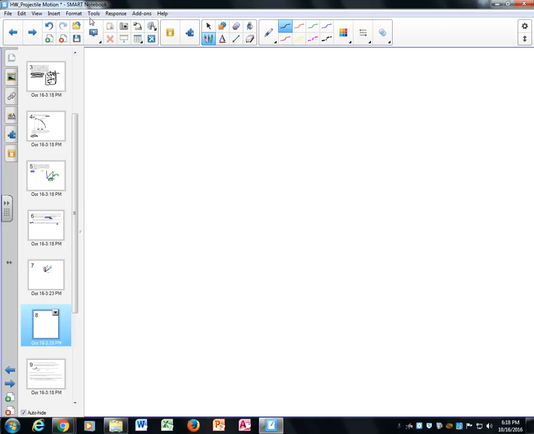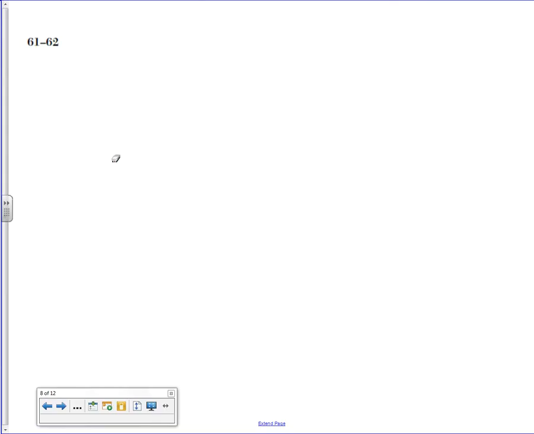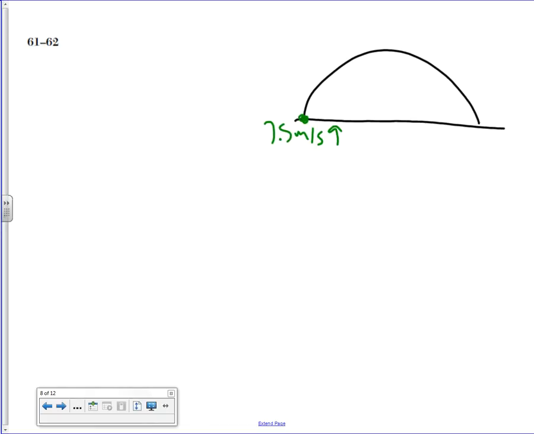So the second way we can do this is redraw our diagram. And now we know that we're just dealing with a vertical zone. So we're going to start off with our VI being 7.5. So right here we have 7.5 meters per second going up. Then at the top, we know we're moving at 0 meters per second, but then we come back down.